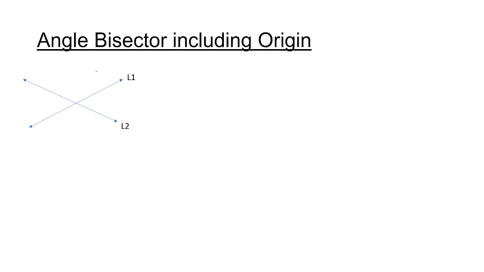Suppose the origin comes in this area or in this area, and this is the acute angle. Then the equation of the acute angle bisector will include the origin.